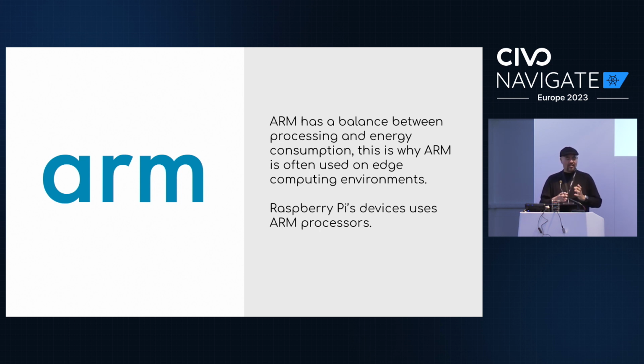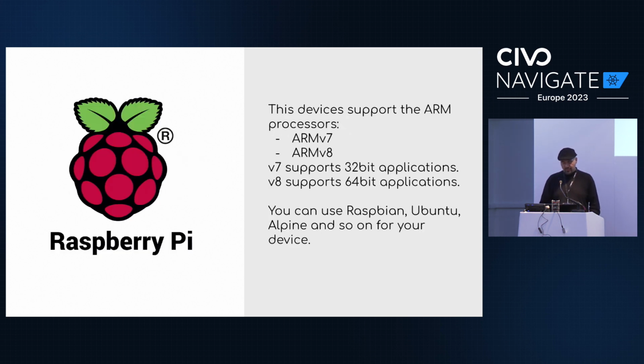So a Raspberry Pi, an ARM device, could give you a long time with less power, let's say. So that's the reason to choose ARM. It's more balanced. And that's also the reason that smartphones use ARM. If you had a smartphone with Intel, the battery would die so fast, right? That's the reason for using ARM.